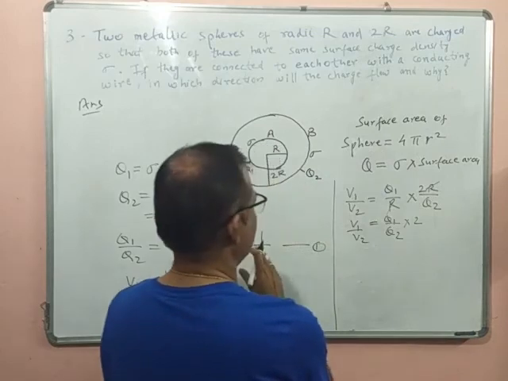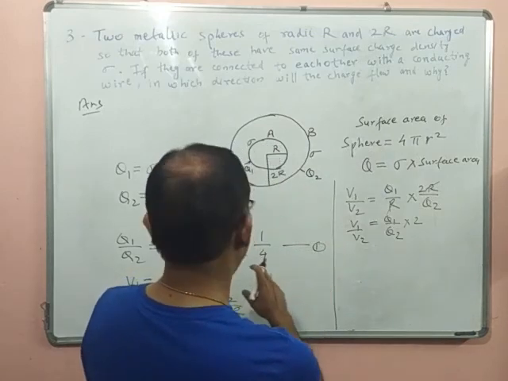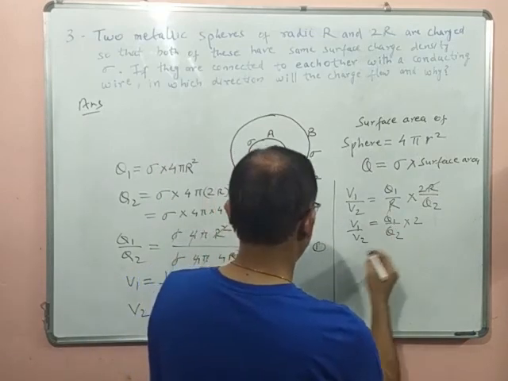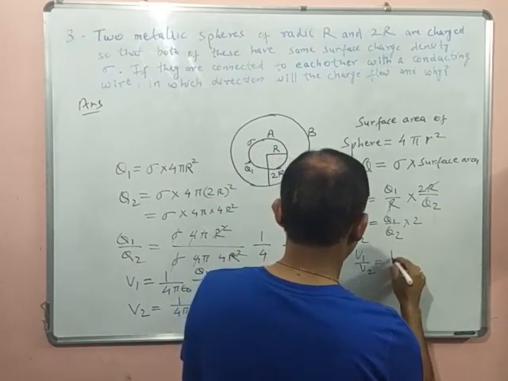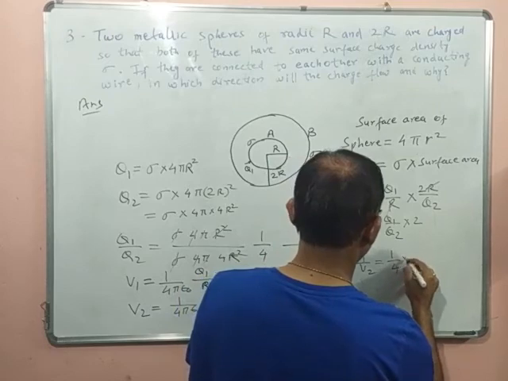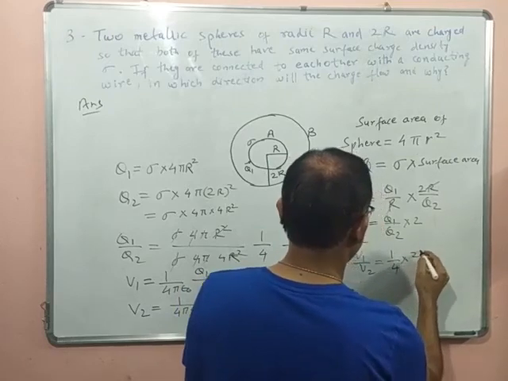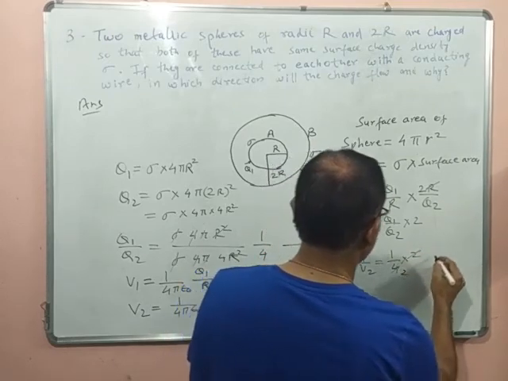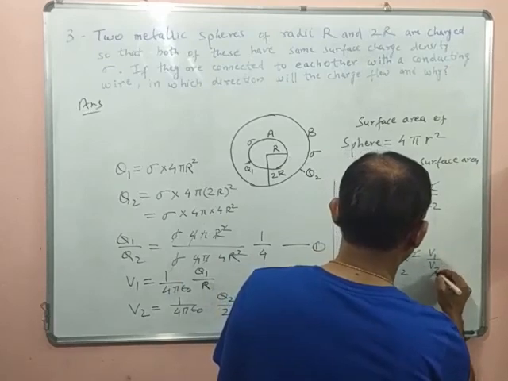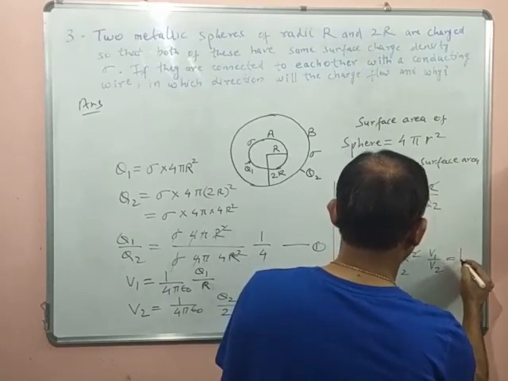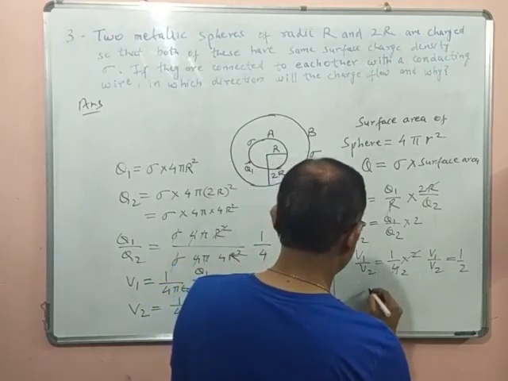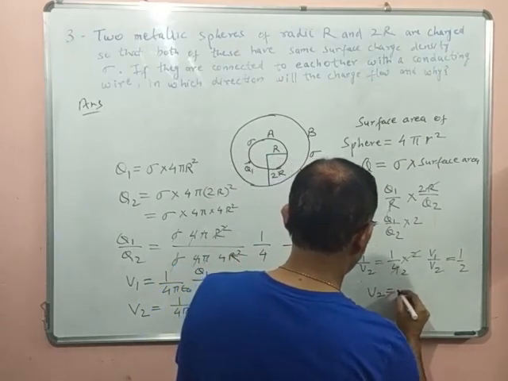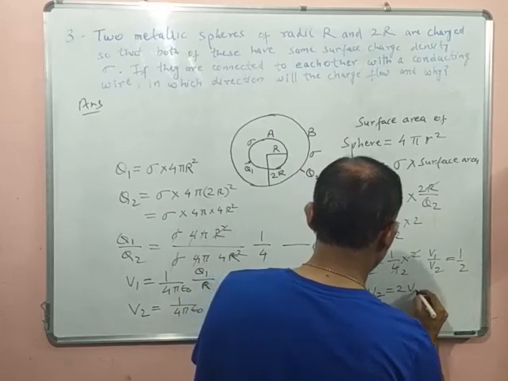From before, Q1 upon Q2 is 1 upon 4. So V1 upon V2 is equal to 1 upon 4 into 2, which is 1 upon 2. That means V2 is equal to twice V1.